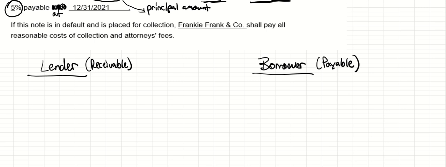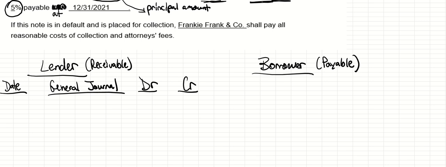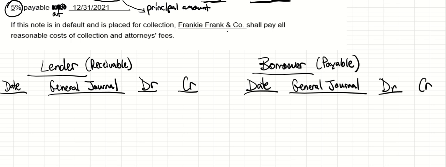So I'm going to set up the general journal for both lender and borrower: the date, general journal, DR, not for doctor, for debit, and CR for credit. Same with the borrower side: dates, general journal, DR, and CR.